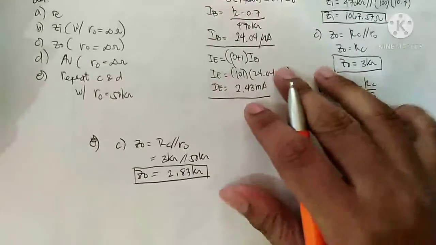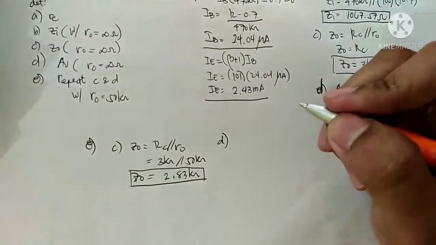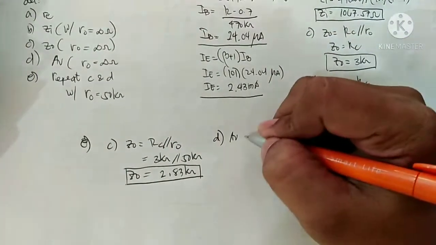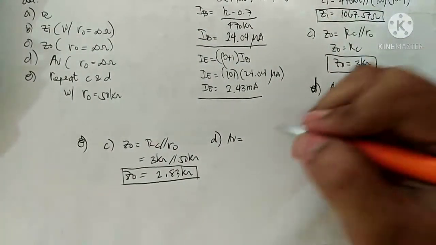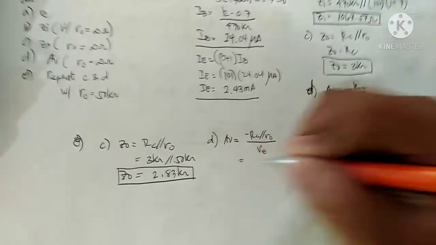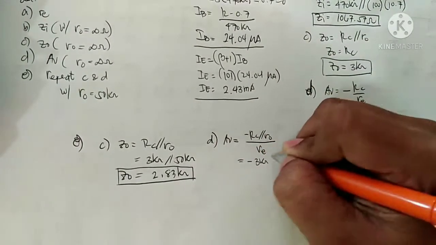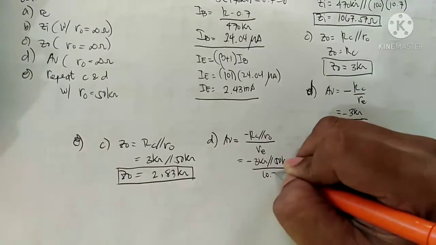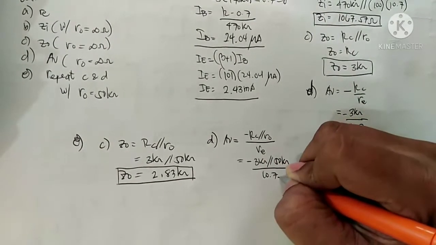Letter D. We have now voltage gain is equal to negative RC parallel RO divided by RE. So this is 3K parallel 50K divided by 10.7 ohms.